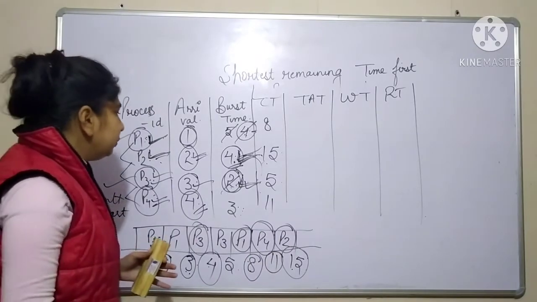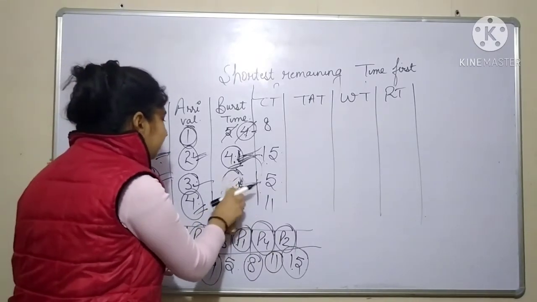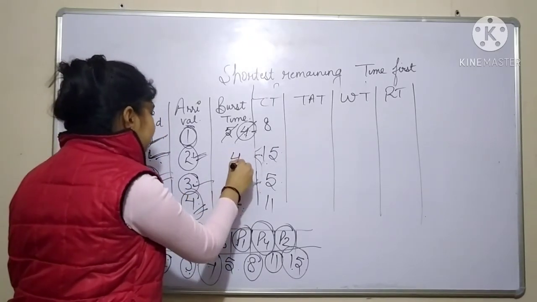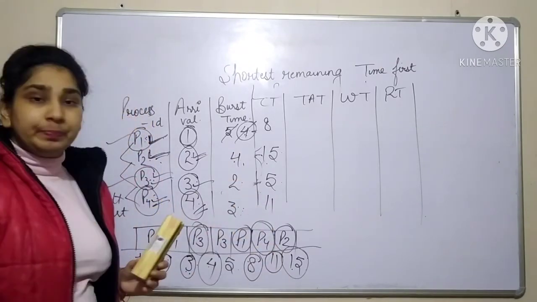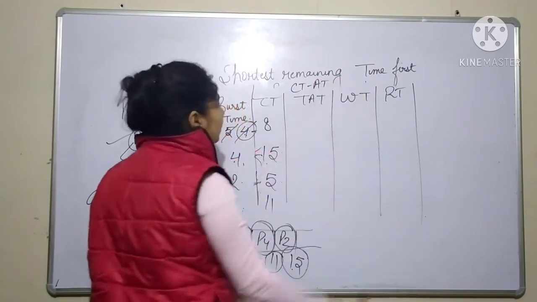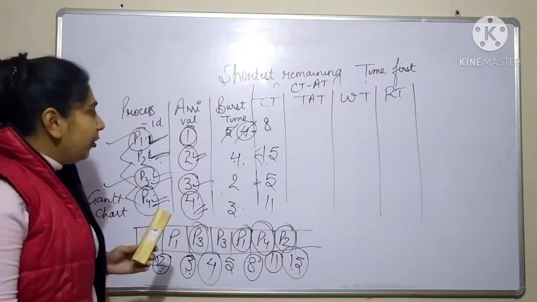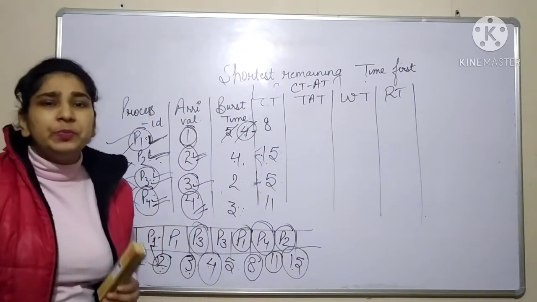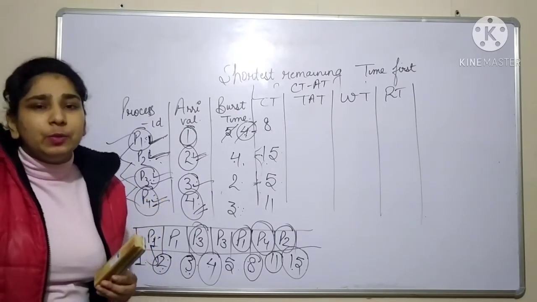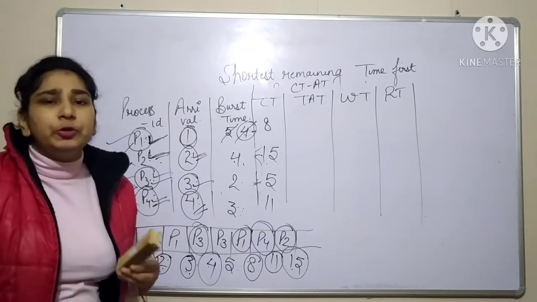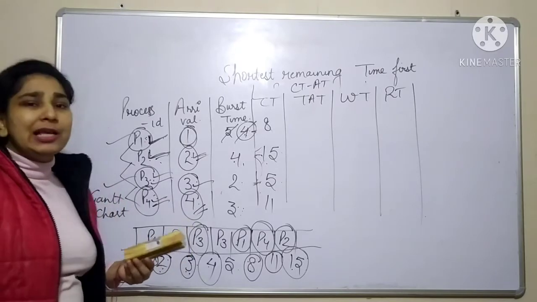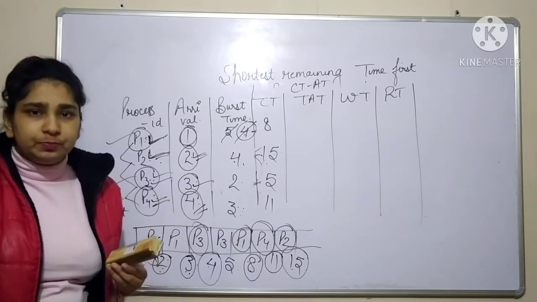So now let's see what the turnaround time is. Turnaround time is completion time minus arrival time. How long has your process been alive in this cycle? How many times your process gets executed on CPU, plus how long your process was waiting for the CPU.